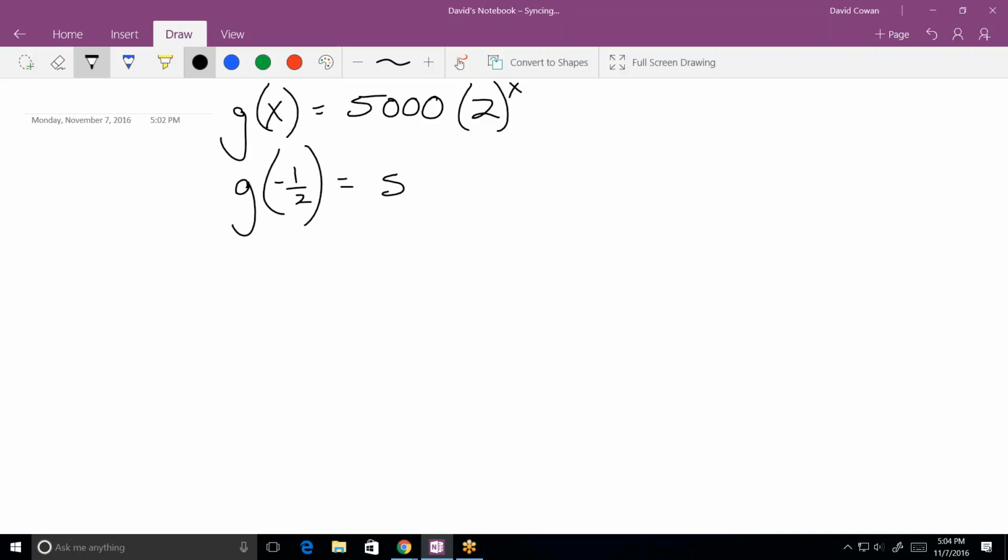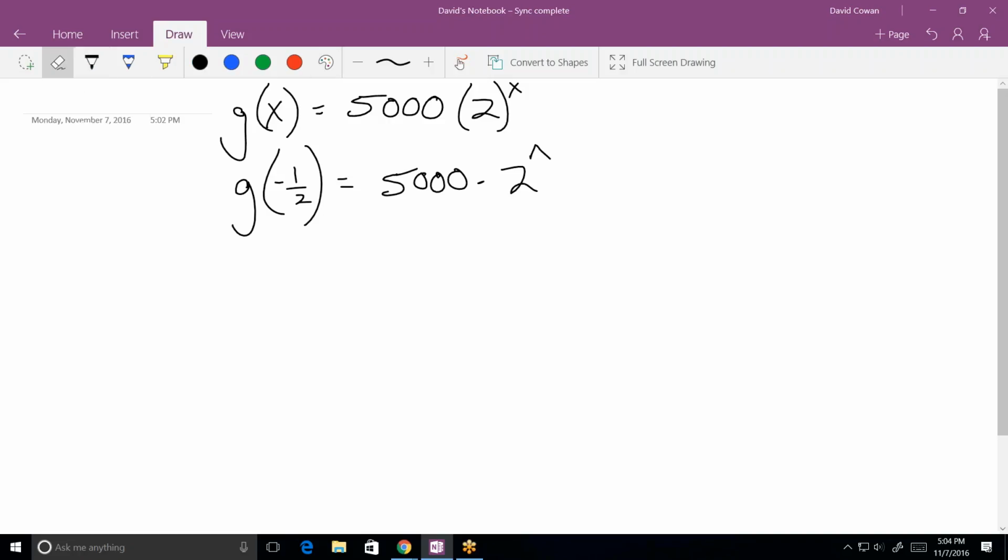Okay. Yeah, and I just put that into my calculator. Is it a calculator problem? Yes. Okay, then you can do it that way. Just plug it in as, up arrow -0.5.